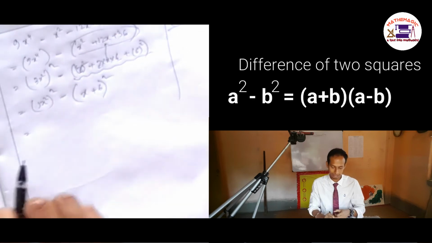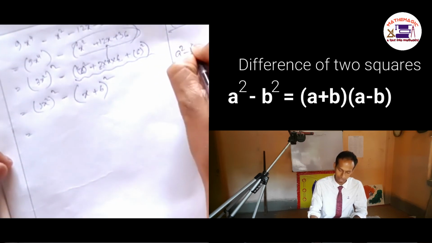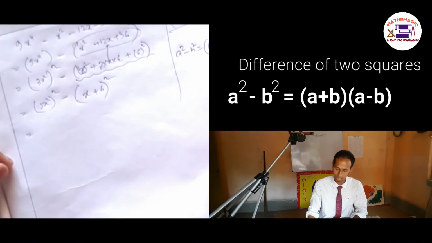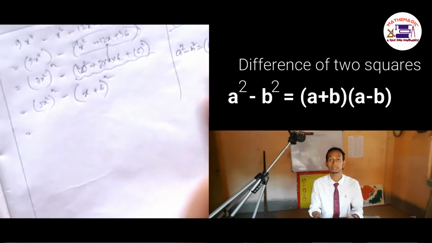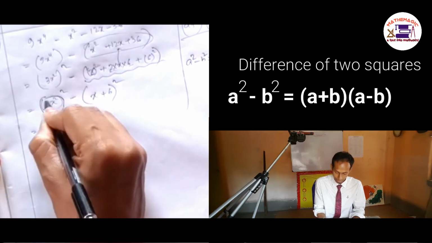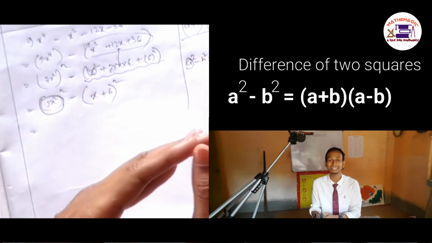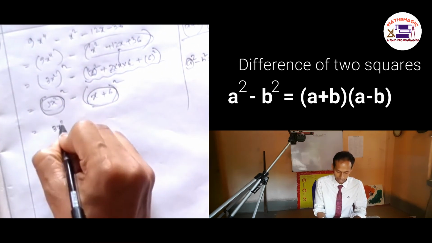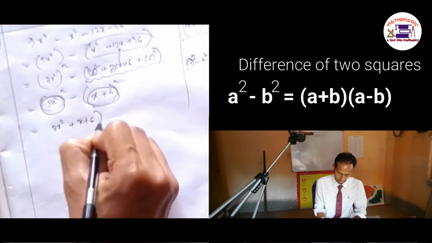Now can you recall the formula we learned just on the last page, that a square minus b square is one time plus and one time minus, and the product between them. So here this is our a, always the one inside the square, and here is our b. So a plus b.